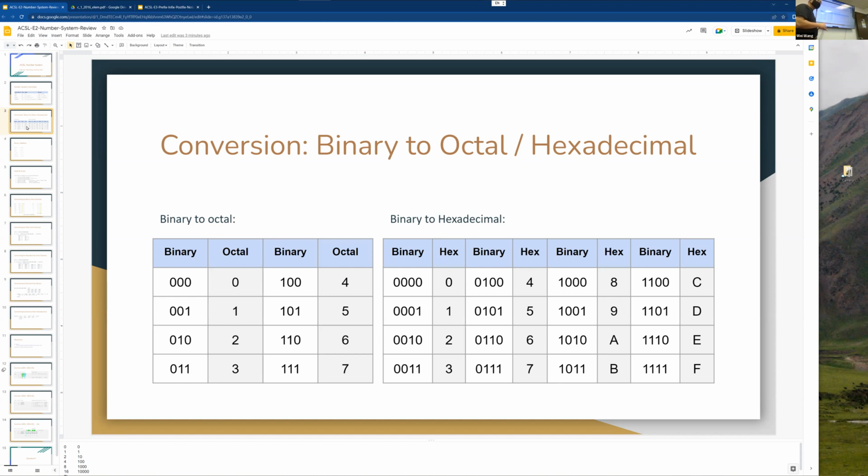After F in the hexadecimal system, it would be 1 0. And in binary, it's 1 followed by 4 zeros.